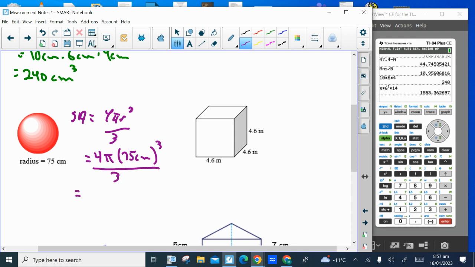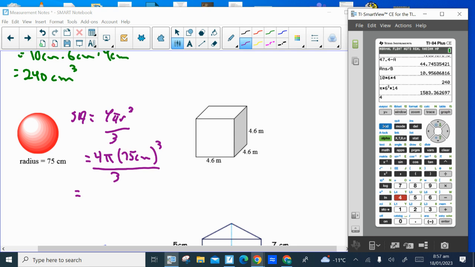And we can put this entire expression in our calculator. 4 times pi times 75 cubed. And because there's only one thing on the bottom, only the 3, we don't have to put it in brackets when we divide. We can just go divide it by 3. So, there's our answer. It's a big number.